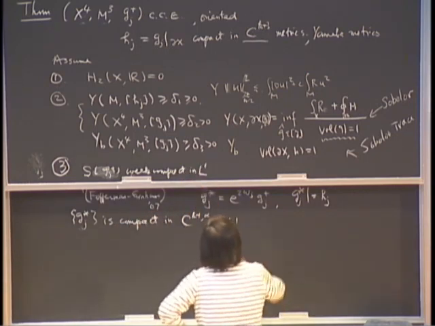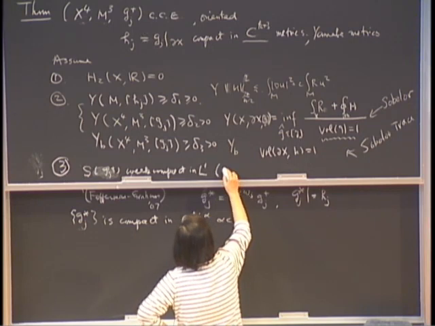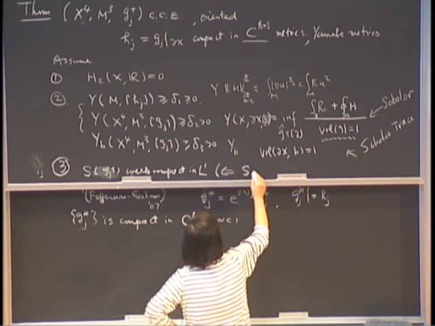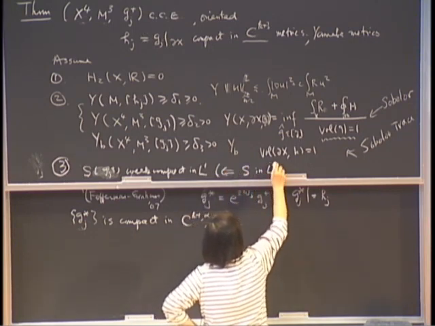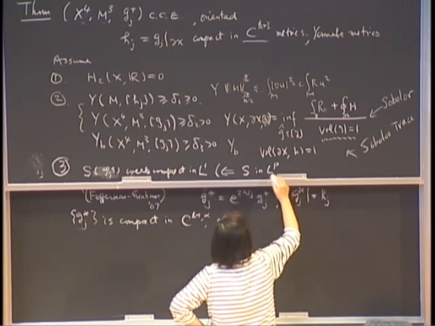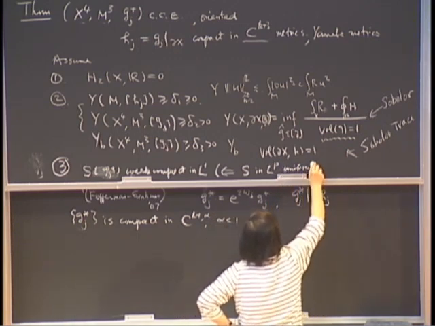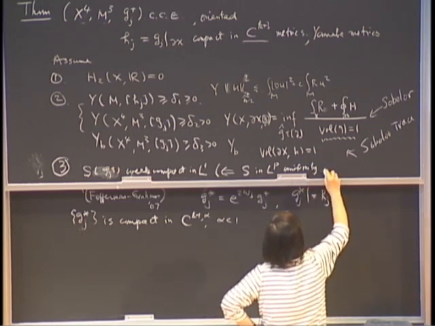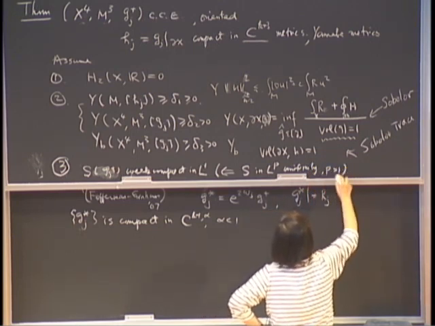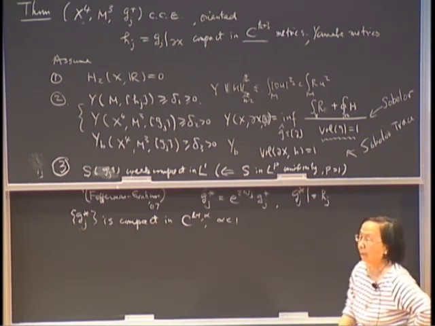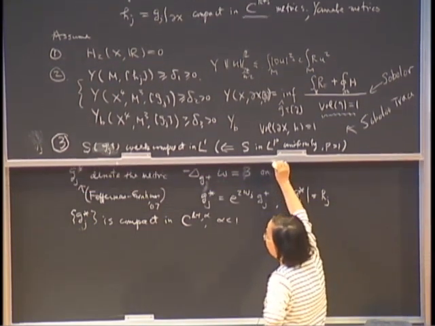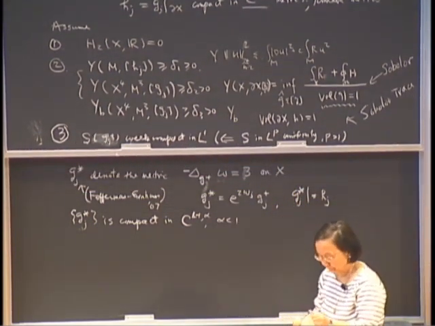So, for example, if this S tensor is uniformly in Lp for p bigger than 1, that's enough. And under this condition, we reach compactness.